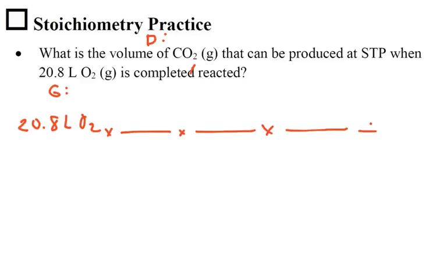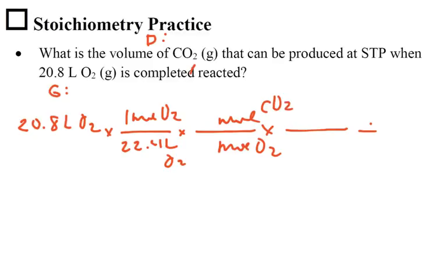Okay, liters. As soon as we see liters, we know that's 22.4 liters for 1 mole of O2. And now we get moles of O2, moles of our desired CO2. So O2 to CO2, we remember from our problems before.